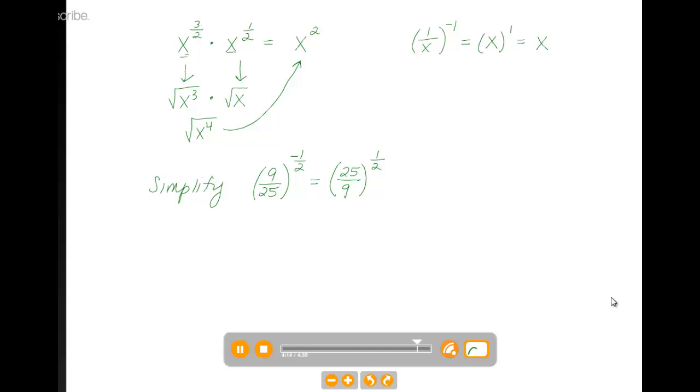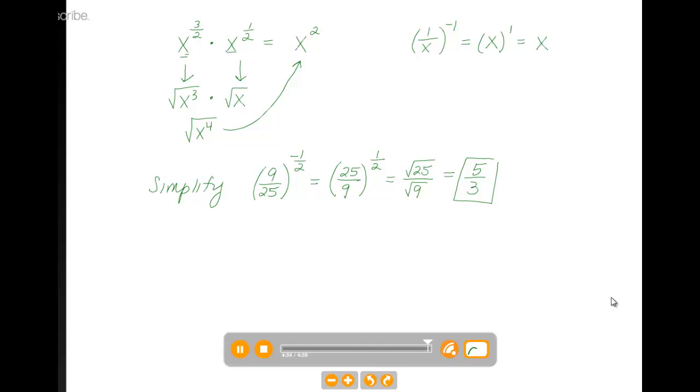So now it's to the 1/2 power. And now 1/2 power means to square root. So I should be taking the square root of 25 and put that over the square root of 9. Oh, and I can simplify those into 5 over 3.